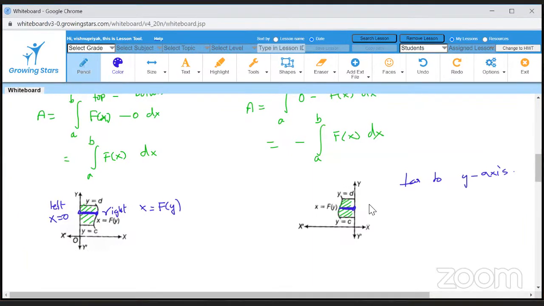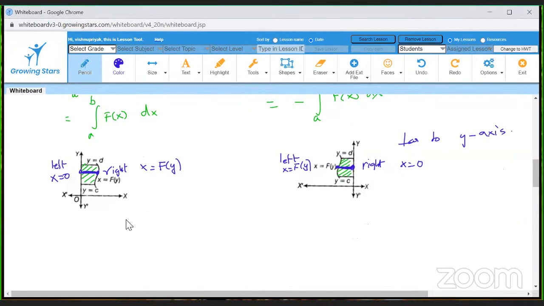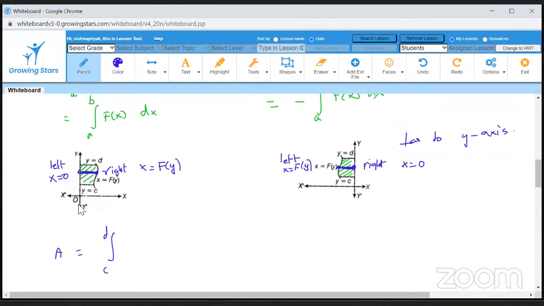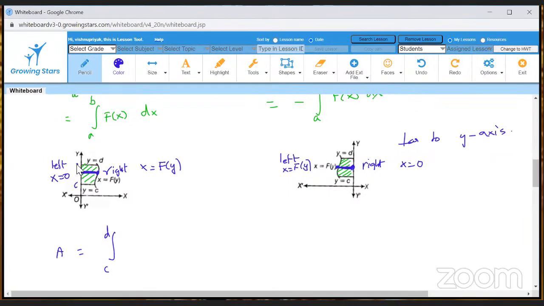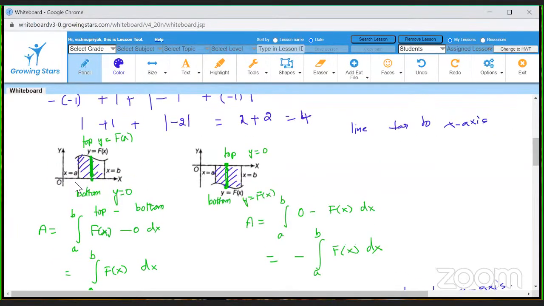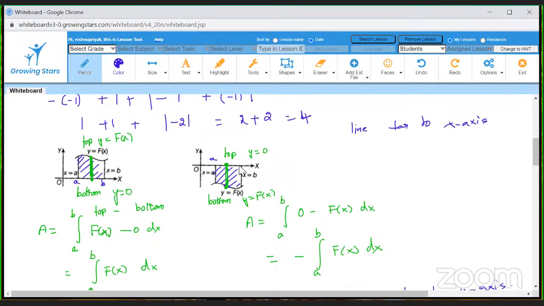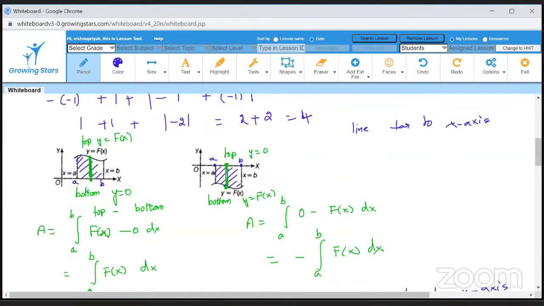Now you will take the area integral c to d, on y-axis only, whereas in the previous one, a to b we had taken on x-axis.